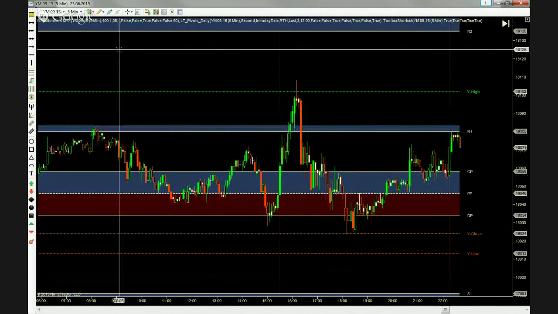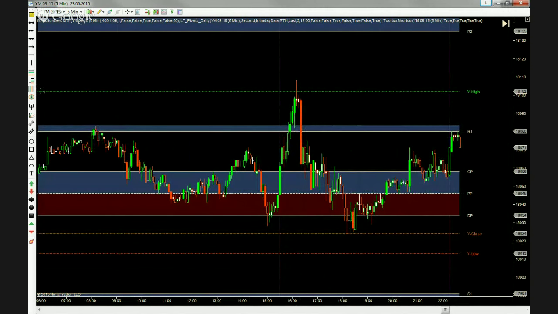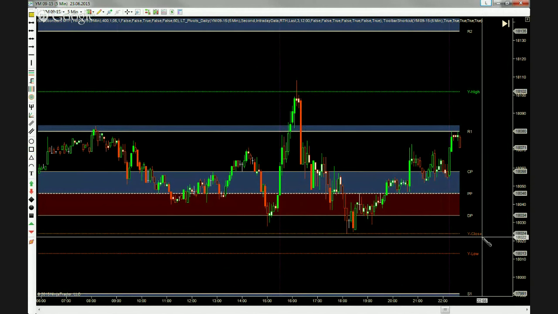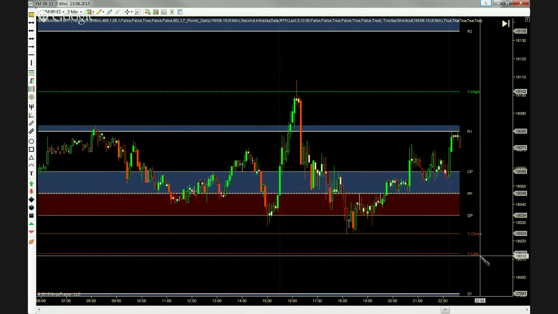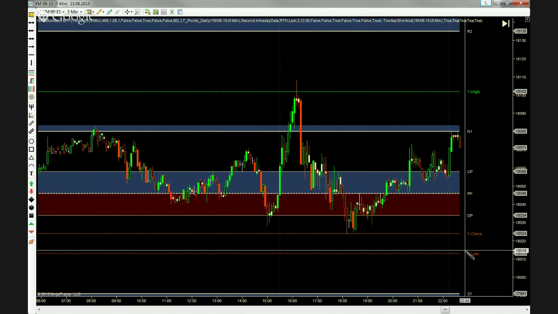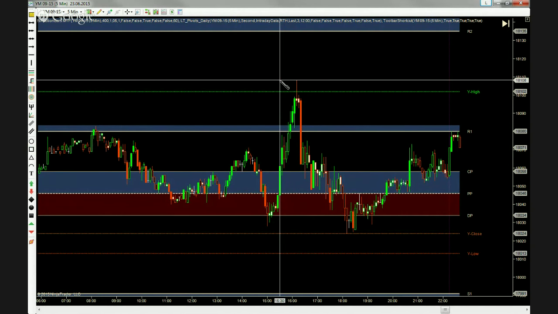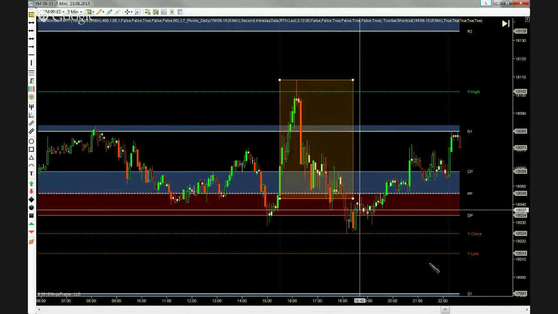So basically, what we're doing here for the YM is to create a pivot based on the high, the close, and the low. So we divide these three levels by 3, and we're looking at the regular session. And the regular session is here.